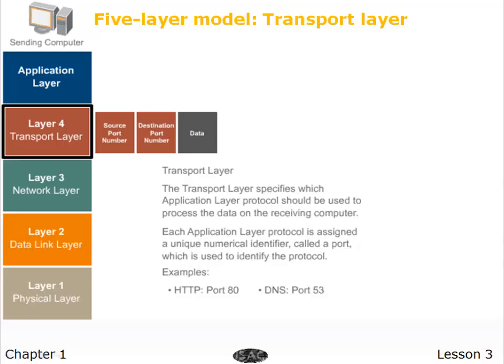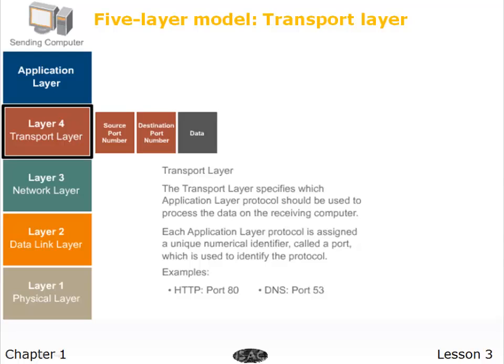The transport layer specifies which application layer protocol should be used to process the data on the receiving computer. Each application layer protocol is assigned a unique numerical identifier called a port, which is used to identify the protocol.